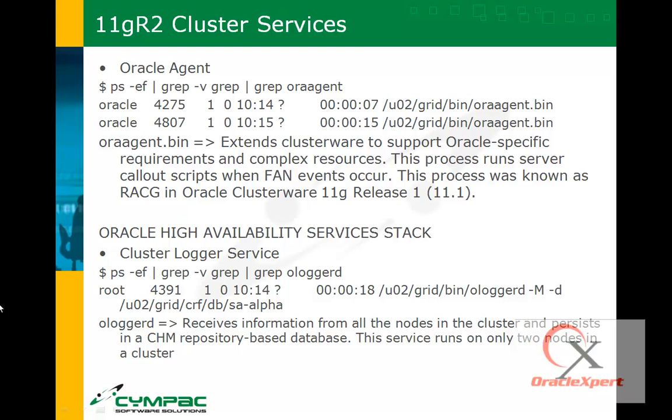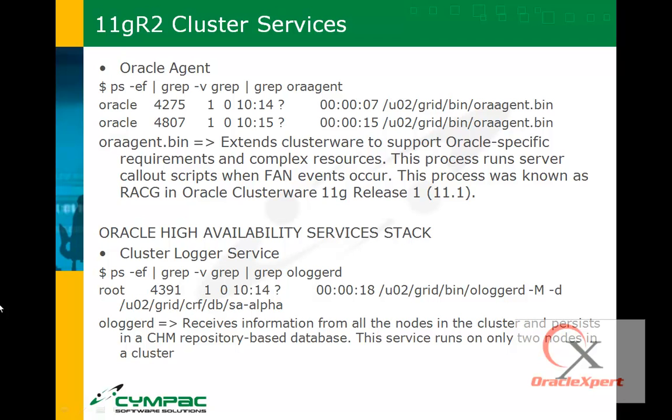This process runs server callout scripts when FAN events occur, fast application notification, and the user specified callout script, the action script, they are actually run by the ORA agent process. This process was in the earlier version known as RACG. Nowadays it's renamed as ORA agent.